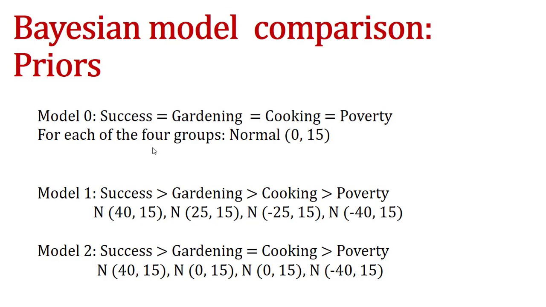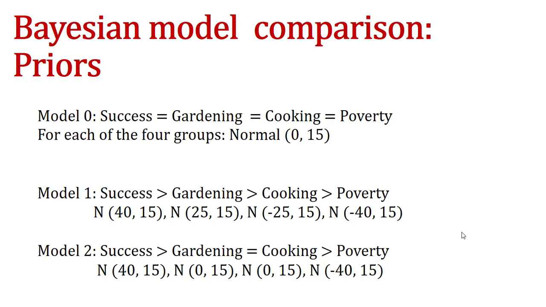So it allows for a large amount of values to be relatively likely. Now, model 1 has 4 different normal distributions. For success, a normal distribution with a mean of 40 and standard deviation of 15. For gardening, the mean is 25 and standard deviation 15. For cooking, the mean is minus 25 and standard deviation 15. And for poverty, the mean is minus 40 and standard deviation 15.